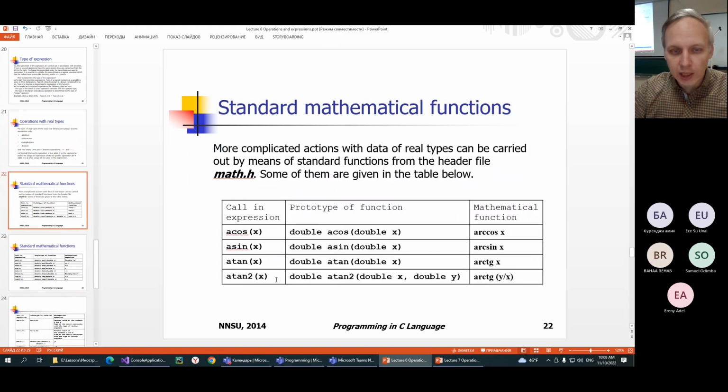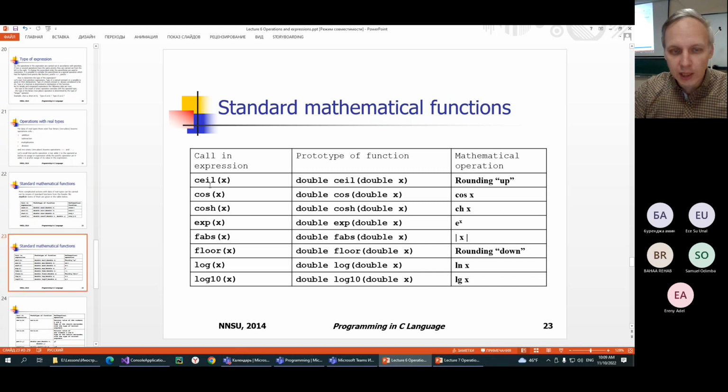Some special functions, for example, not just arctangent, but a special implementation of arctangent. The name of the function is atan2 with two parameters, x and y, and it corresponds to arctangent y over x.